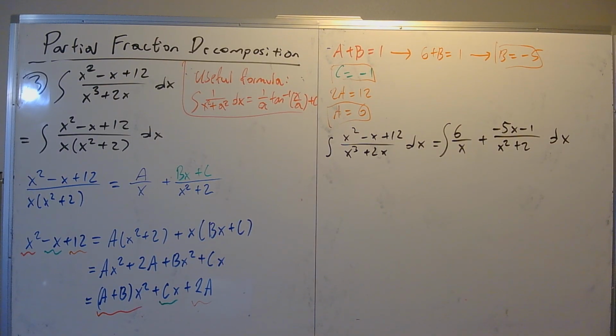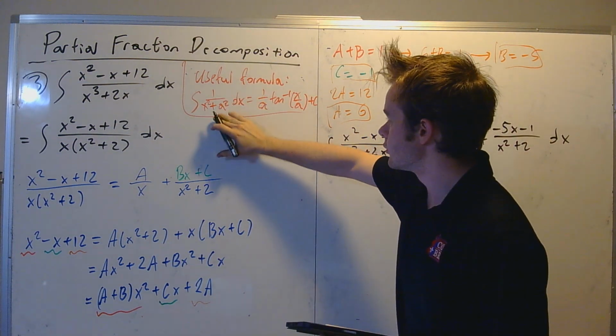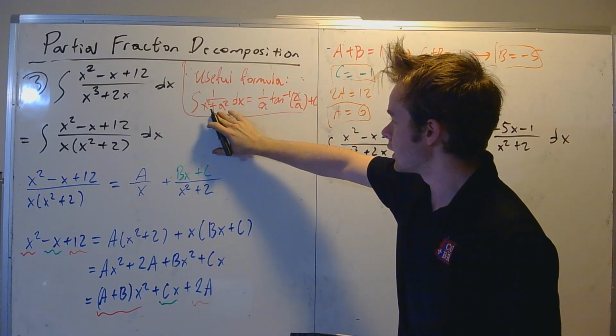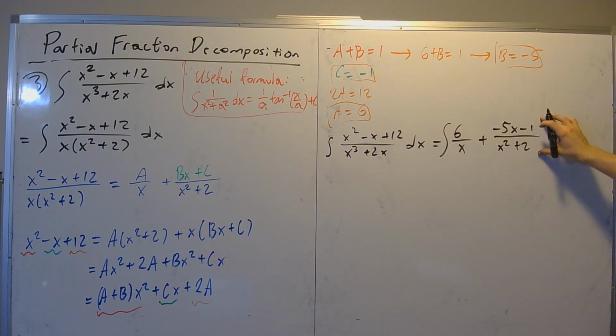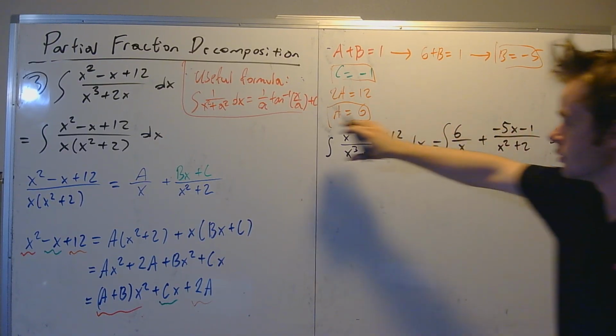Okay. So now we can say, well, let's just separate this, because we know how to work with something of the form 1 over x squared plus this constant, but we need to separate this into two parts in order to get one part that looks like that.